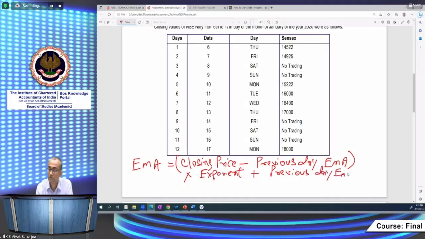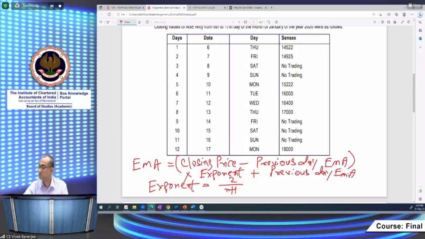So the formula is: closing price minus previous day EMA, into exponent, plus previous day EMA. Here the exponent is given, but it can also be calculated as 2 upon n plus 1. Okay, so this is the formula.